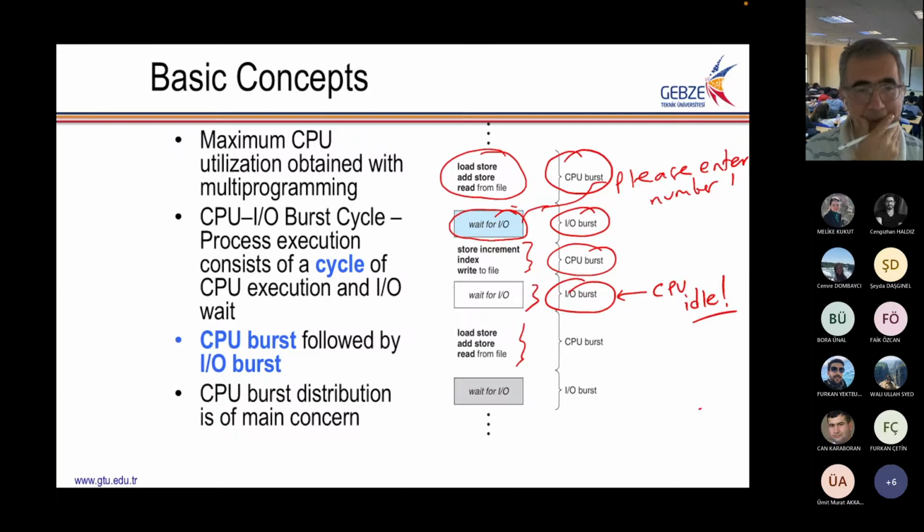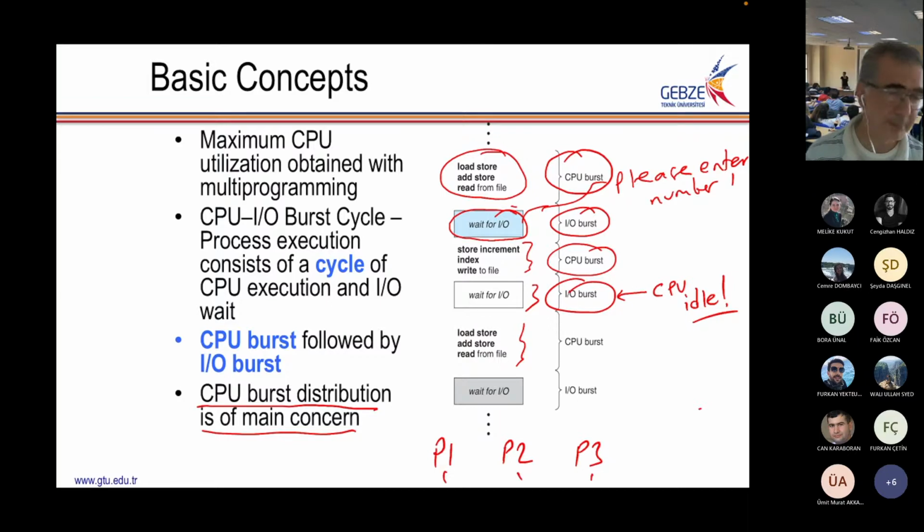Okay. So when you have P1, P2, P3 different processes, distribution of CPU bursts among different P's, I won't say equally, but properly, is the main problem of the scheduling.